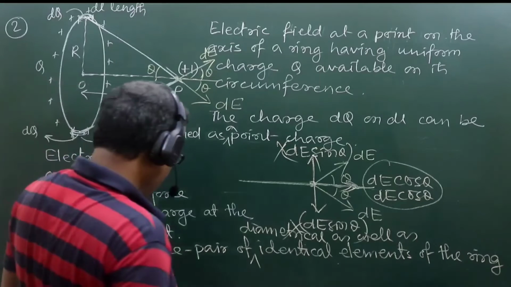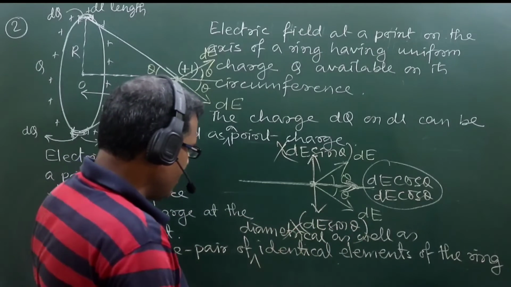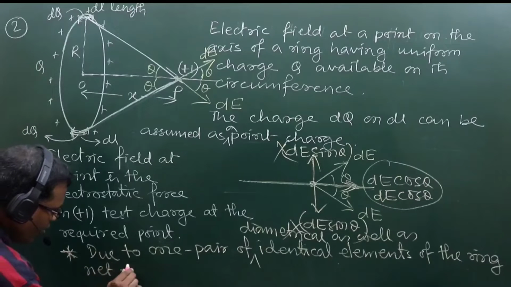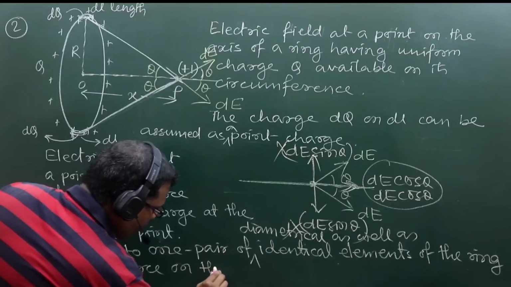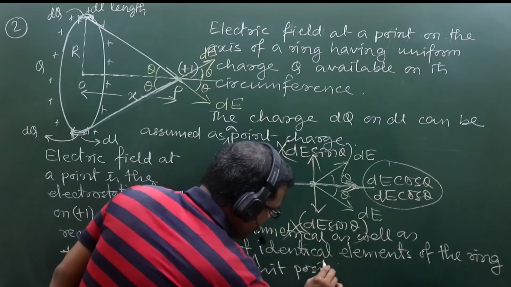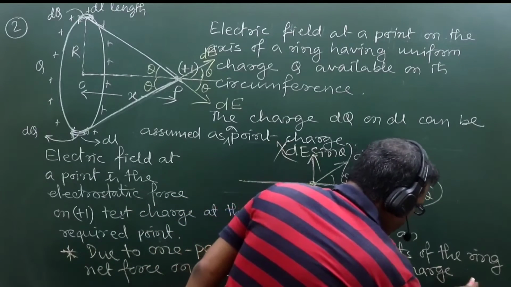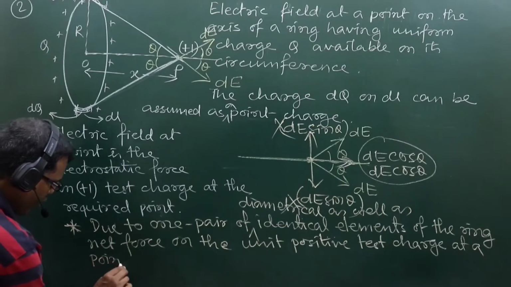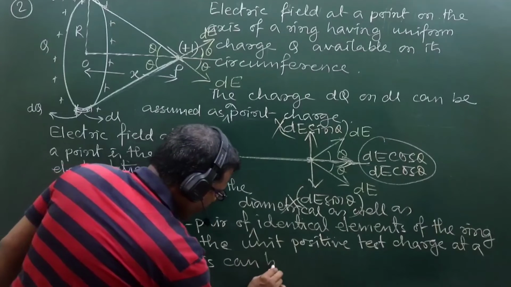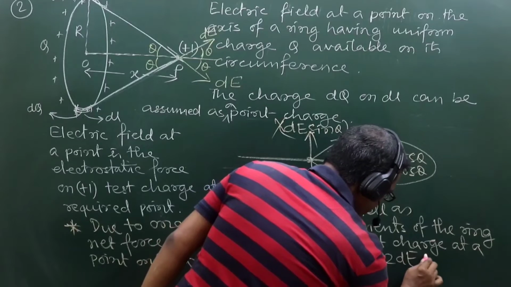It is just because of those two elements which are diametrically opposite. So due to one pair of diametrically opposite as well as identical elements of the ring, the net force on a unit positive test charge at a point on its axis can be given by 2dE cos theta. Do you agree with me or not?